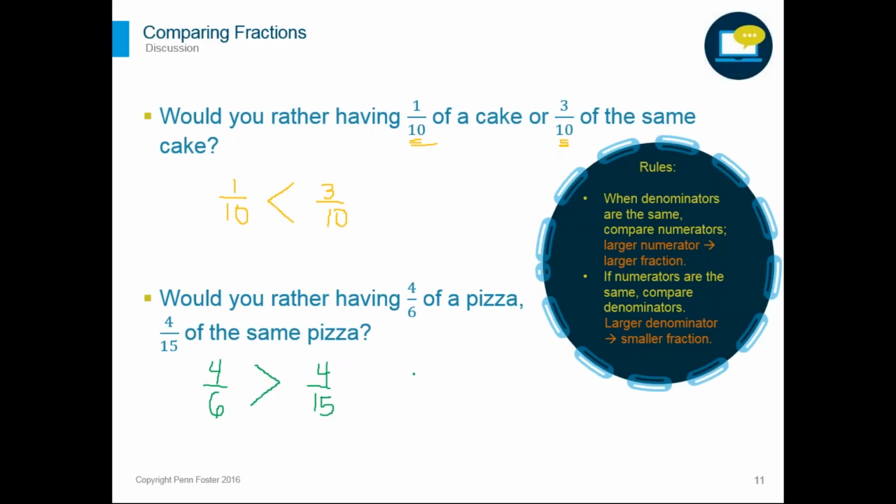Well, common sense says if you're cutting same size pizzas, one into 6 and one into 15, then the one cut into 6 pieces will have larger pieces. So in this fraction, you have 4 huge pieces of pizza. In that case, you will have 4 tiny pieces of pizza. So that's why this fraction is a greater value than this fraction. I hope that explains why we use that rule if you have the same numerators.